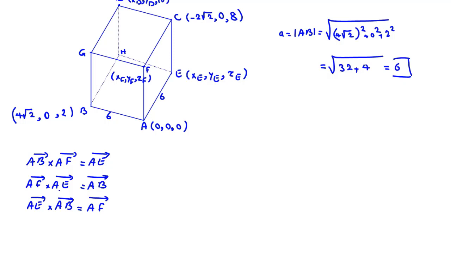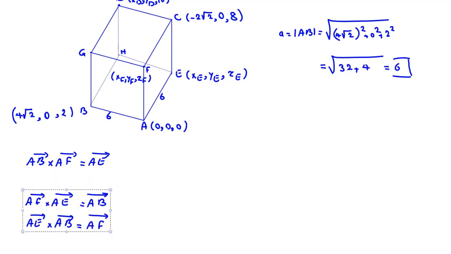Okay. So let's consider each of them. The first one, so we can see three things. Because A is origin, you can write the first one, AB, as (4√2, 0, 2). Cross product AF: (XF, YF, ZF).